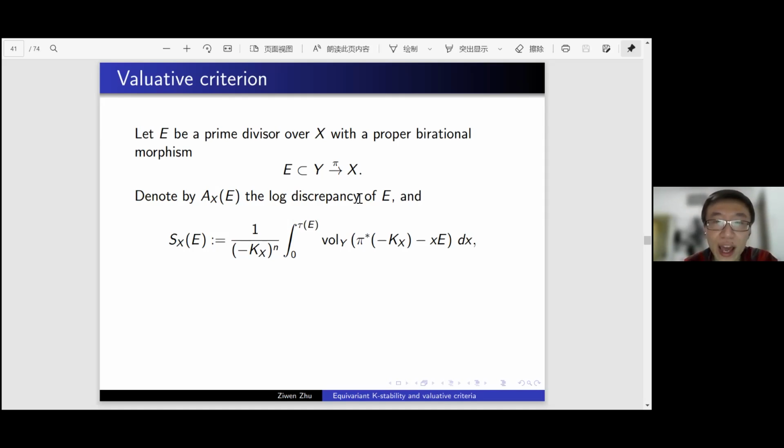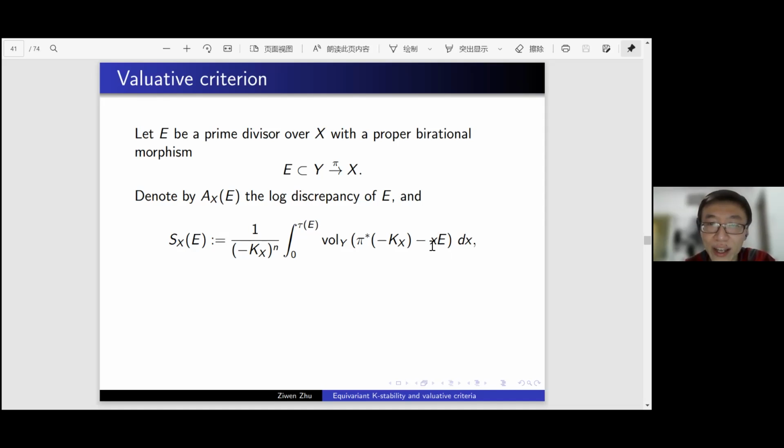And then we also have this quite technical definition of the invariant S of E. We have an integral of the volume. The volume function is continuous, so the integral makes sense.